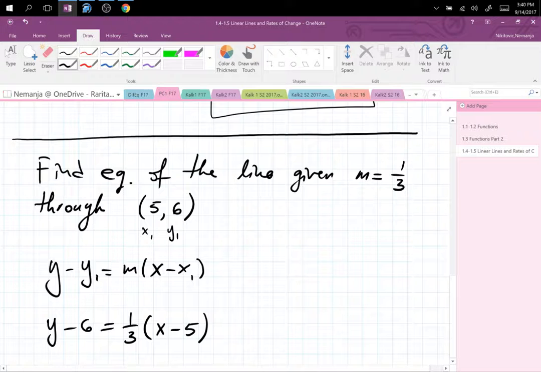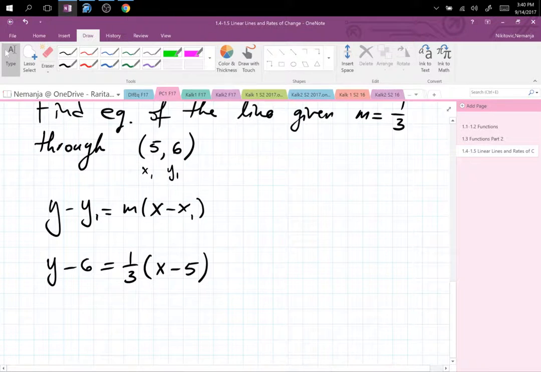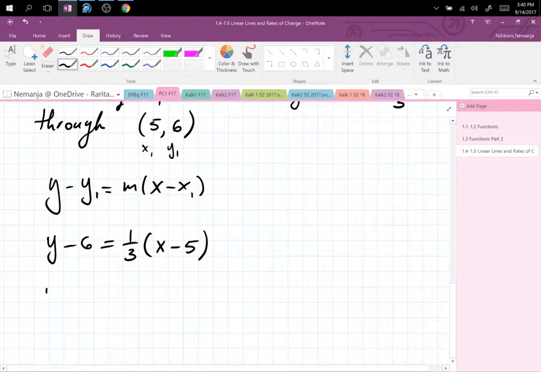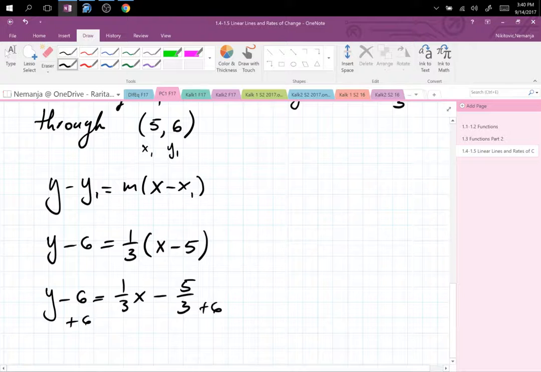And just simply by multiplying and doing the common denominators, we immediately have the answer. So y minus 6 is equal to 1/3 x minus 5/3. Add 6 to both sides.